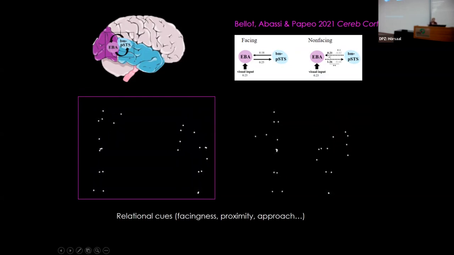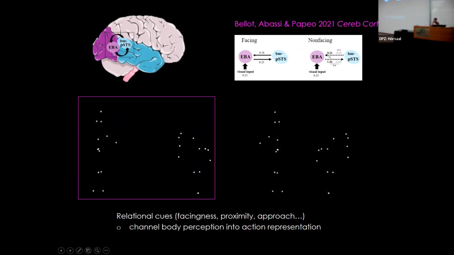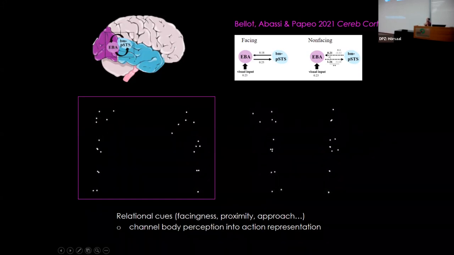So basically, the visual system captures these relational cues of interaction, and this mechanism helps to channel body perception into action representation. When we see the increased connectivity between these two regions, it means that this stimulus is recognized by the visual system as an action, or better, an interaction, and then is pushed into the network for action representation.